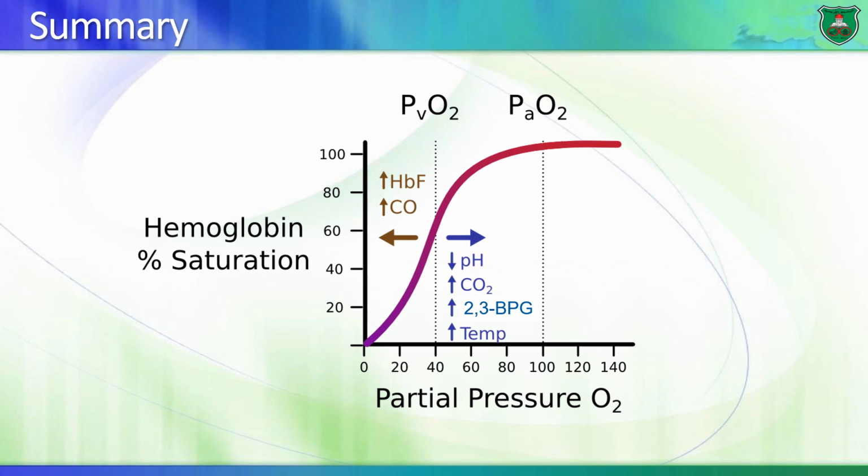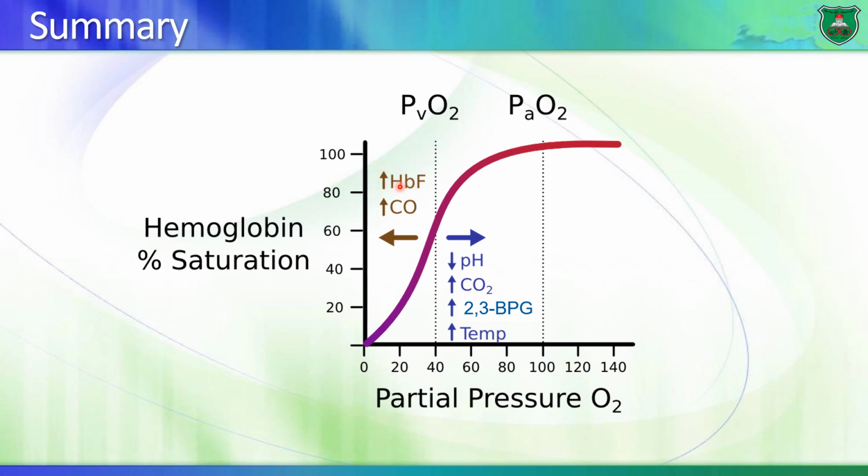So, to sum up the lecture, we have the saturation curve for oxygen, okay? And it can shift to the right or to the left. If it goes to the left, affinity increases. If it goes to the right, affinity decreases. These are the different factors that affect affinity.